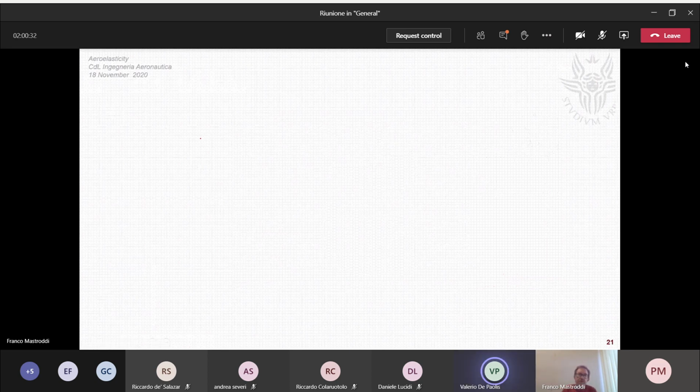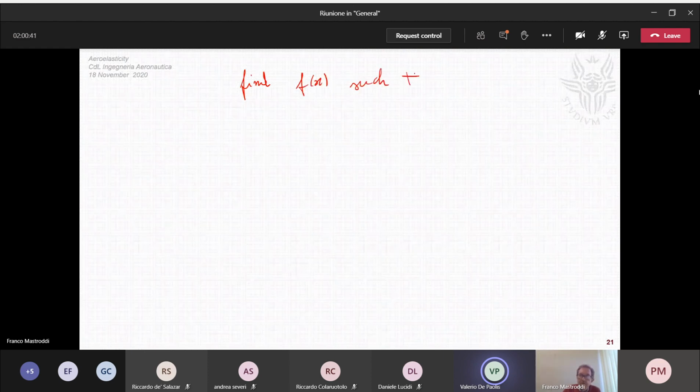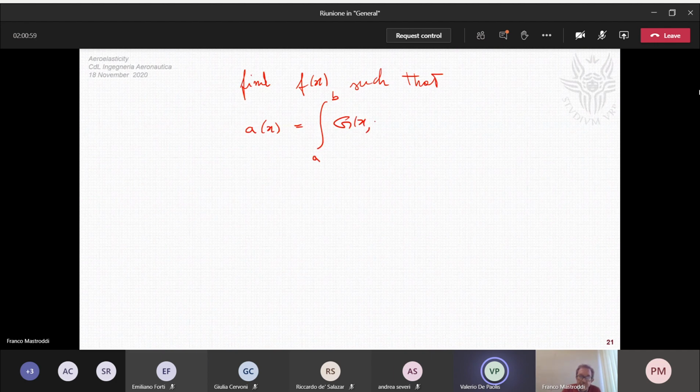You have to find an unknown, f(x), such that A(x) is equal to the integral from here to here of g(x,y) f(y) dy.